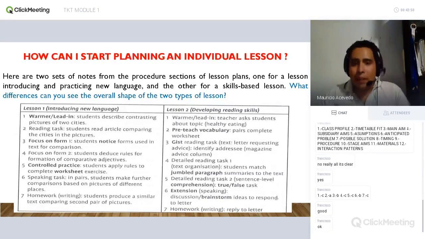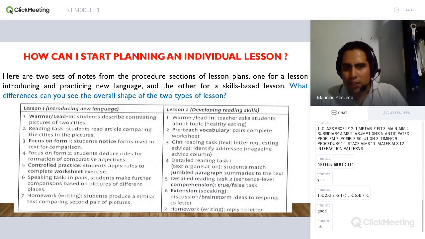Okay? Developing reading skills. Number one, warmer reading. Teacher asks students about the topic, healthy eating. Number two, pre-teach vocabulary. Pairs complete worksheet. Number three, gist reading task, a text letter requesting advice. Identify addressee, magazine advice column. Number four, detailed reading task one.